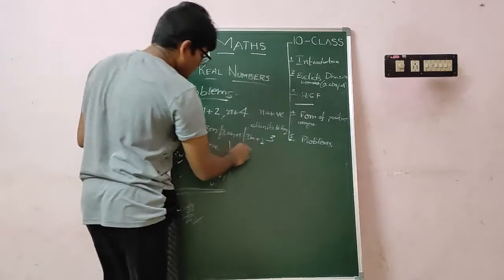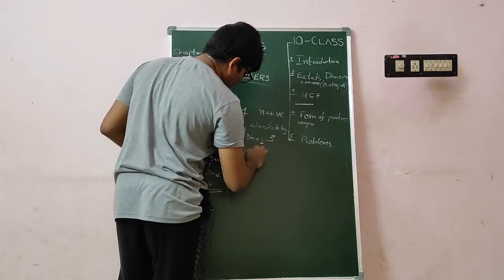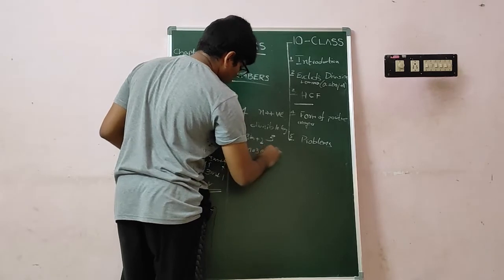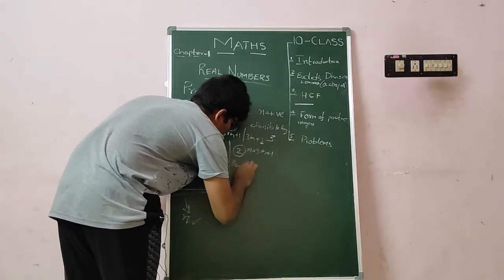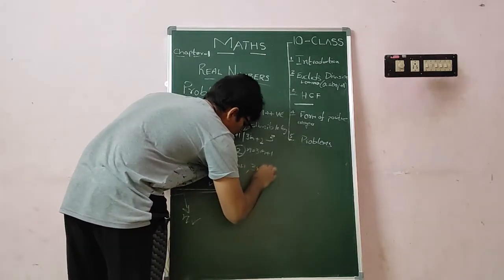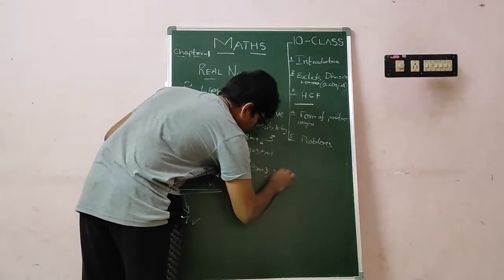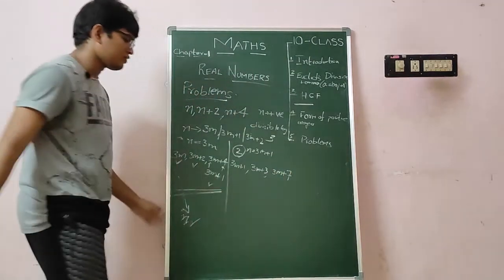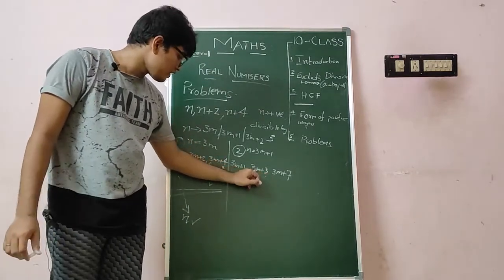And second case, when n is in the form of 3m plus 1, what are these numbers, students? 3m plus 1, 3m plus 1 plus 2, 3m plus 3, next 3m plus 7. Yes, here you can observe, students, the remainder can't be greater than the divisor.